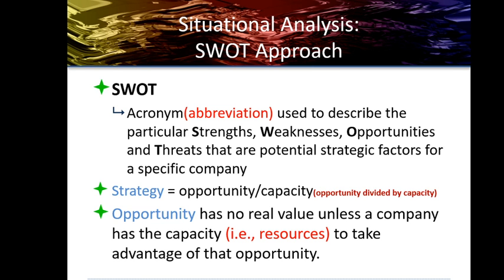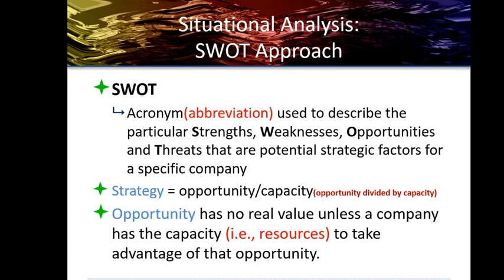Here you should know that your strategy is equal to your opportunity divided by your capacity, which means that you cannot take advantage of the market opportunity unless you have enough capacity in terms of your human resources, your financial resources, and your material resources.